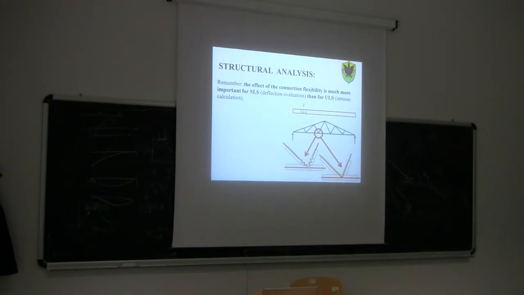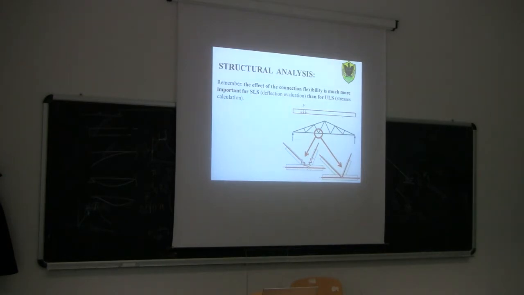So in other words, when it comes to design for ultimate limit state, we can use this scheme without any problem. Okay, because we won't find a significant difference in axial forces if you ignore the flexibility of the joint.